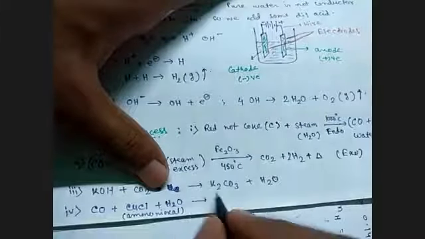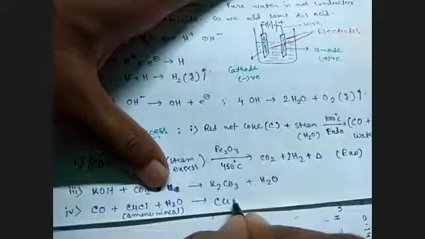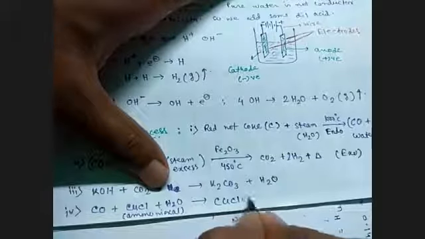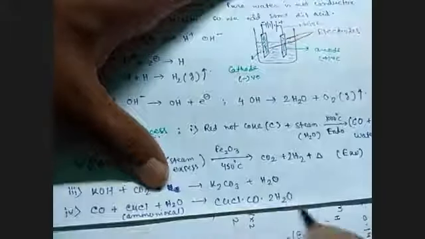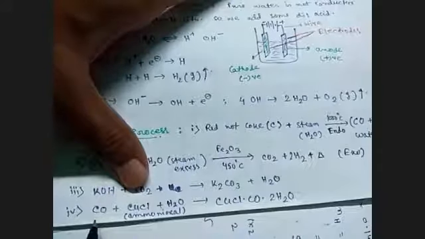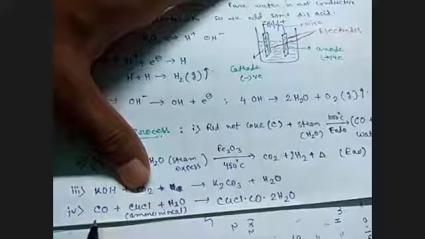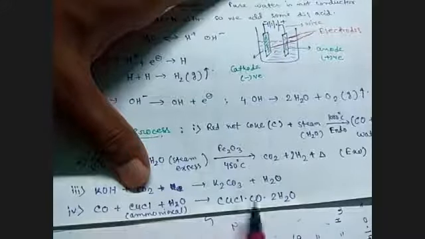Then it forms the adduct compound CuCl.CO.2H2O. CuCl will absorb the CO if any carbon monoxide is present there.